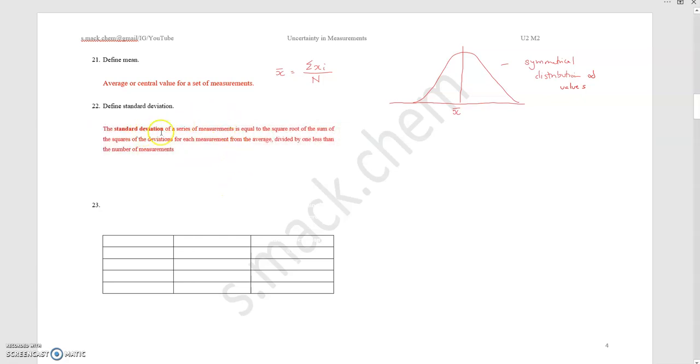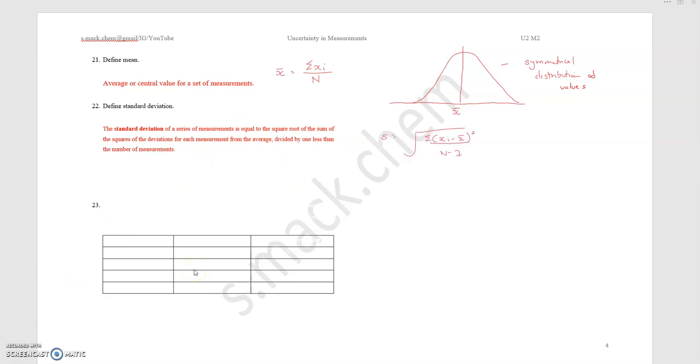It is said that standard deviation, represented by the letter S, in a series of measurements, is equal to the square root of the sum of the squares of the deviations for each measurement from the average or central value divided by one less than the number of measurements. So I'm just going to write out our formula for standard deviation.